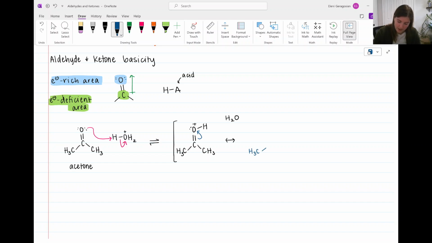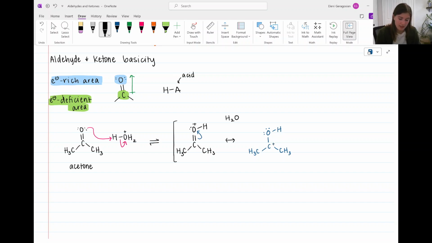We talked about this a lot in the previous unit, where any charges that are delocalized are more stable than a localized charge. So if we resonate the pi bond electrons between carbon and oxygen up to the oxygen atom, the oxygen now has 2 bonds and 2 sets of lone pairs, so it has a neutral charge, and the positive charge is now on that carbonyl carbon.